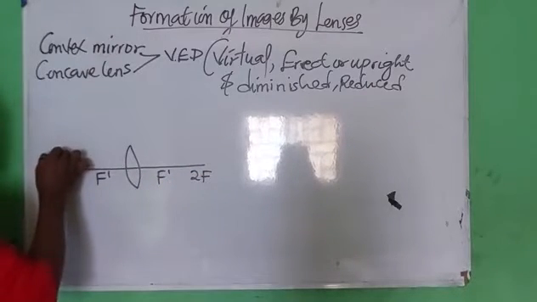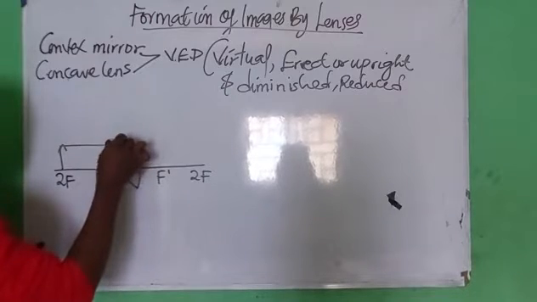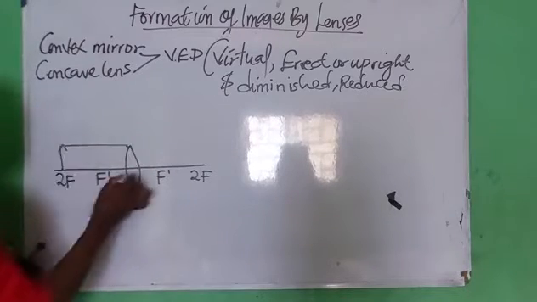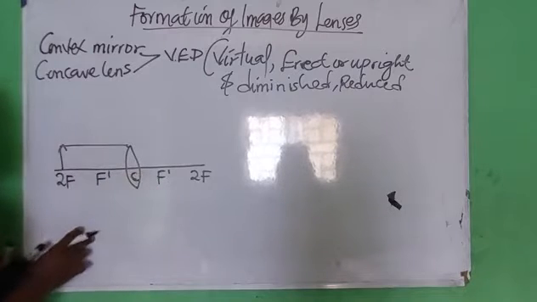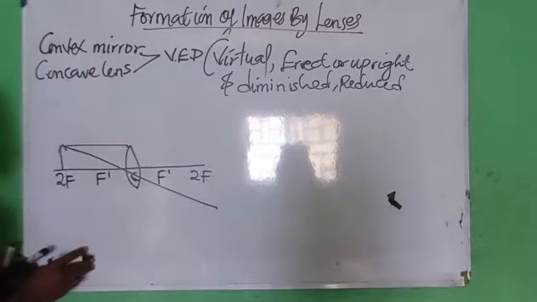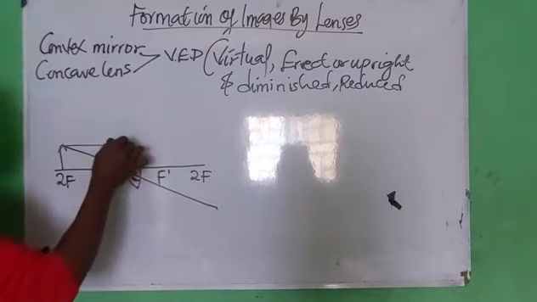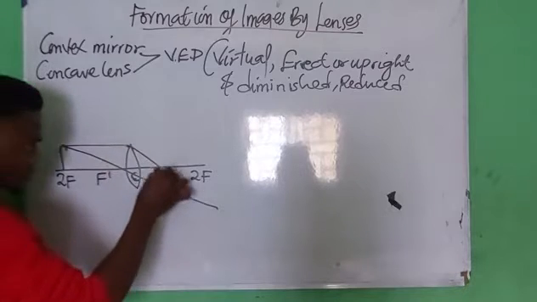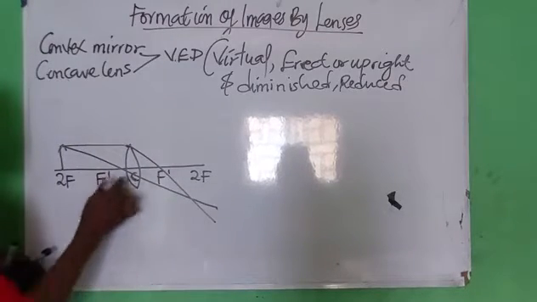If I should place my object at 2f and I bring it like this, this region is the center of curvature, right? It will cut through this region. Is that not correct? It will cut through the region, while this one will also cut through this region.